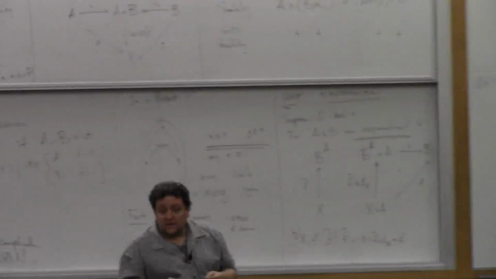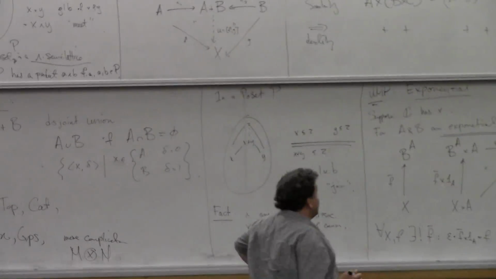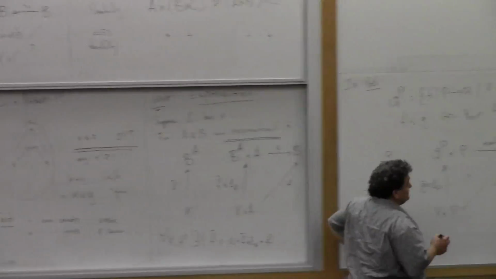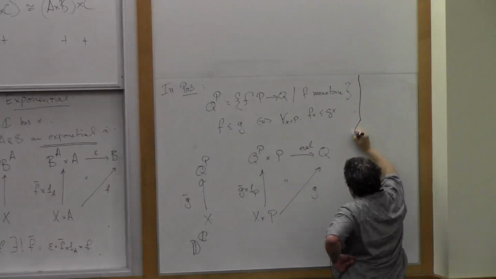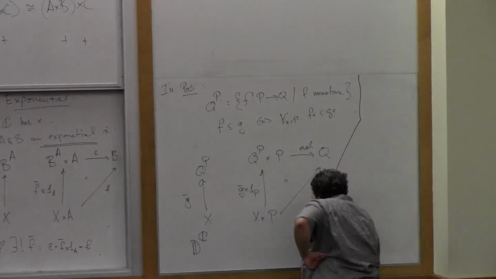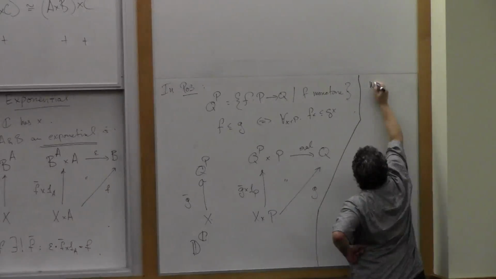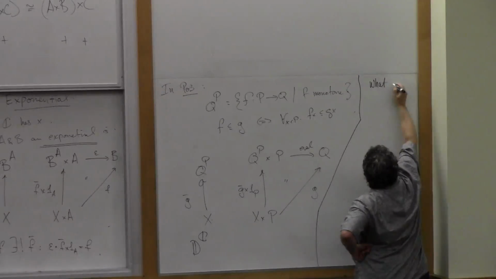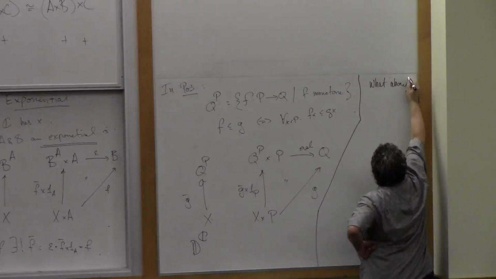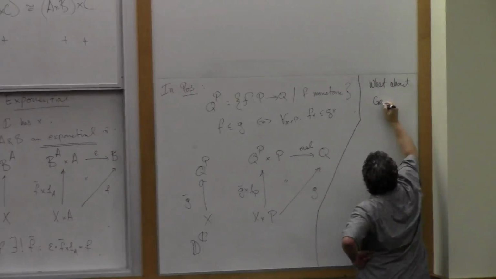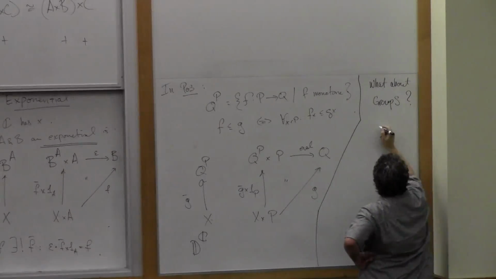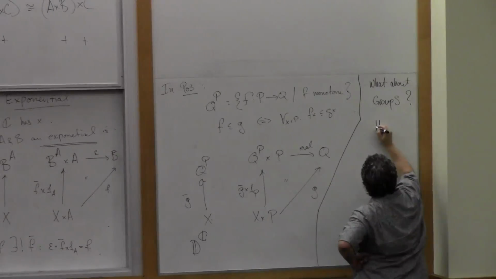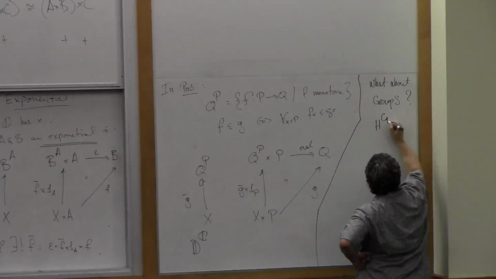How about, there's a homework exercise that I want to mention. I don't know if you can do it or not, but you might be able to do it, so it's worth a try. What about groups? Could you make an exponential of two groups, H to the G?